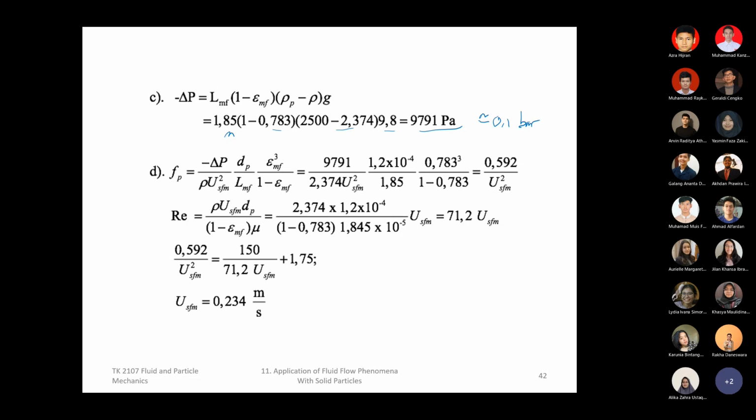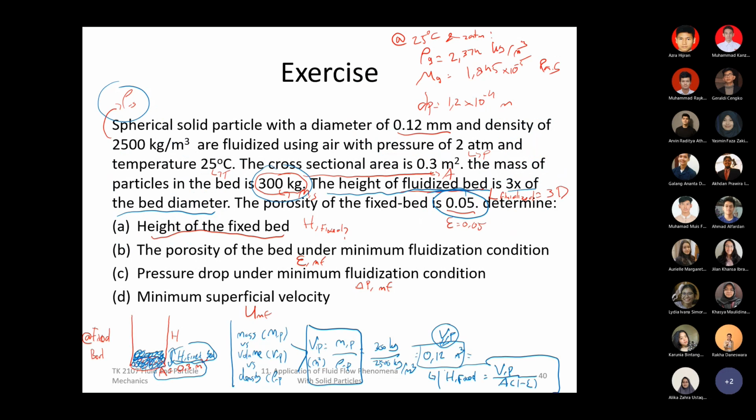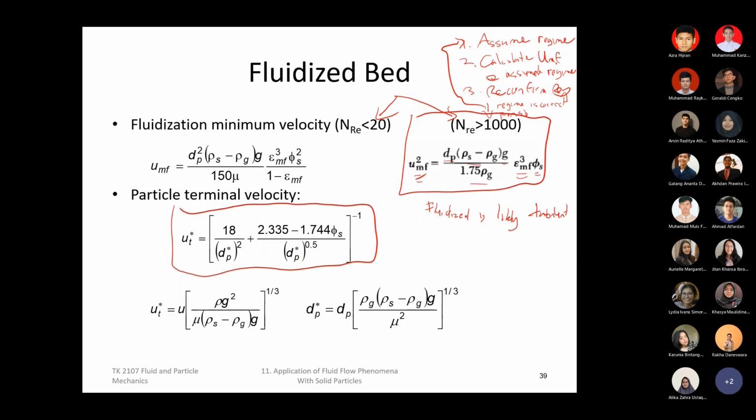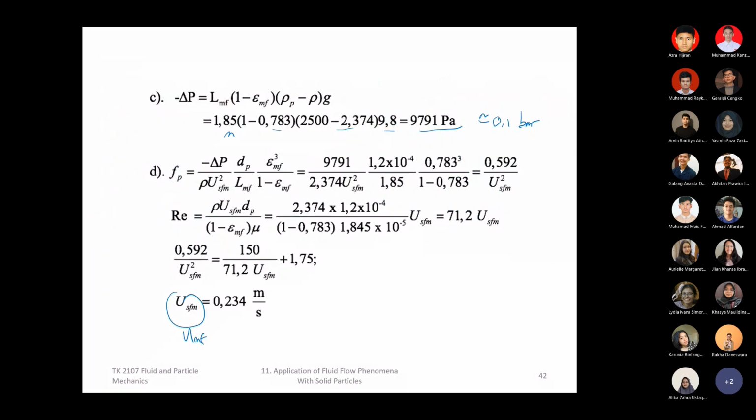Okay, and the last step is to calculate the UMF. What's the UMF for this particle size? If you want to double check using this correlation, go ahead later, after I conclude the session. But here we want to take advantage of the correlation of delta P at fixed bed using the minimum velocity.